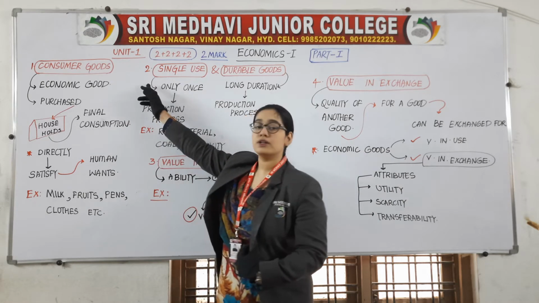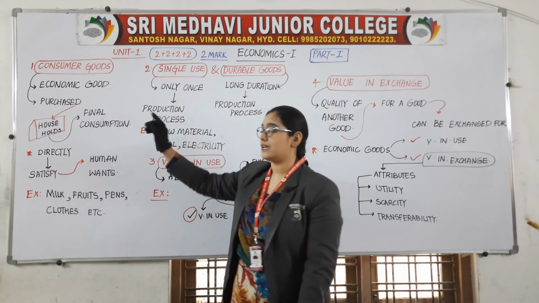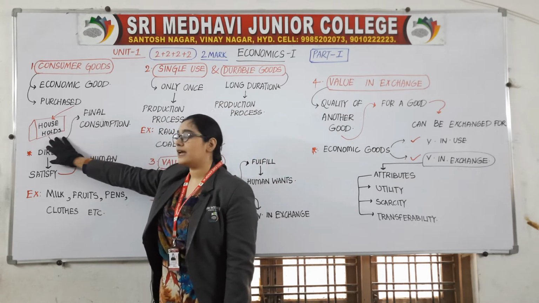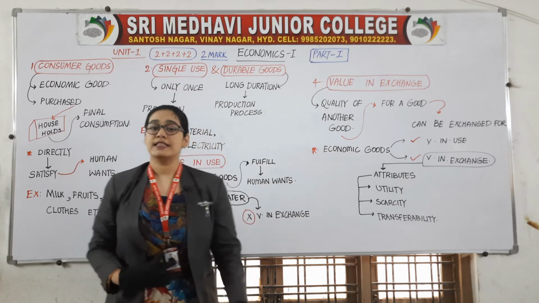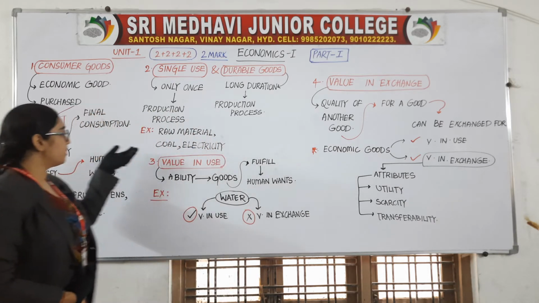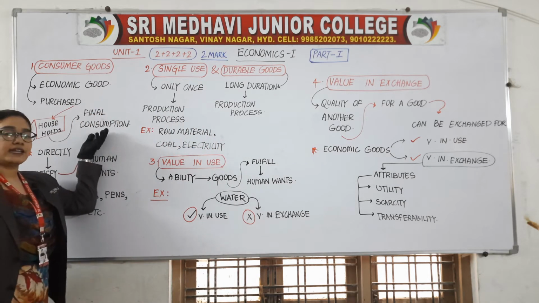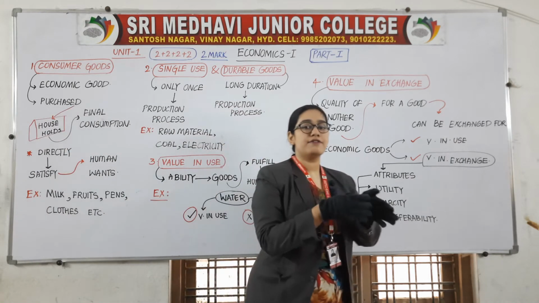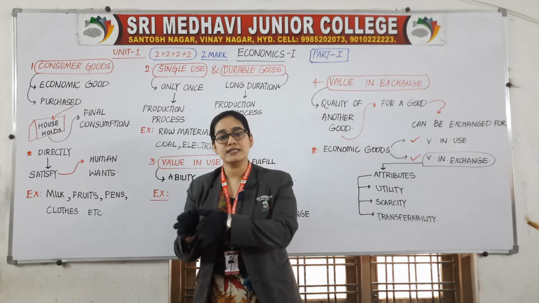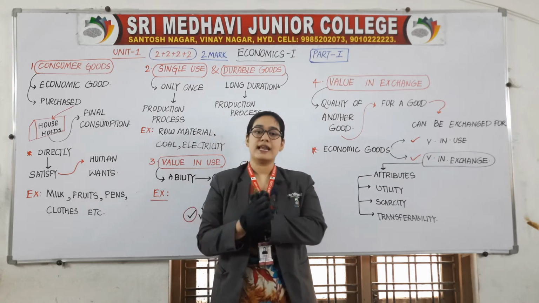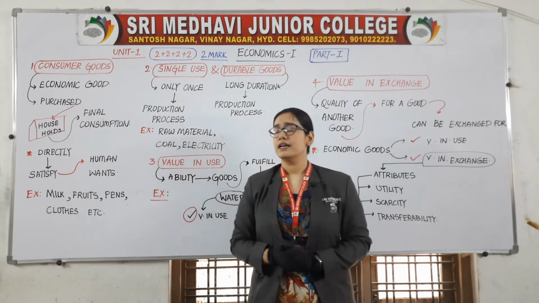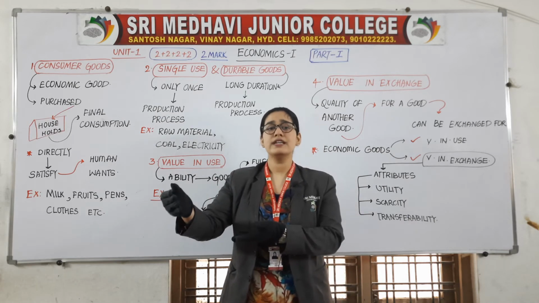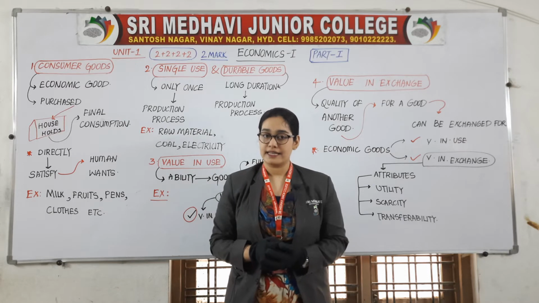So all the consumer goods are considered to be economic goods, and they are purchased by households for the final consumption. We do not have certain other processes for consumer goods. Like if you buy vegetables from the market, you cannot eat them directly, am I right?